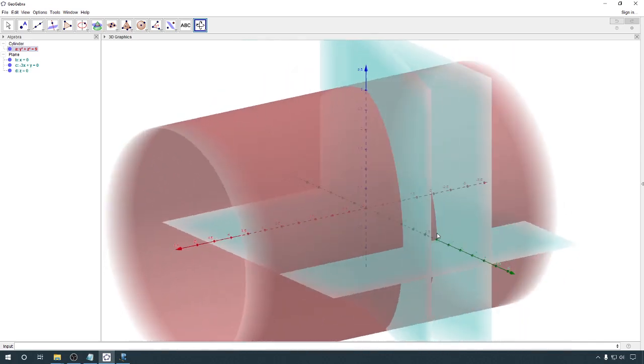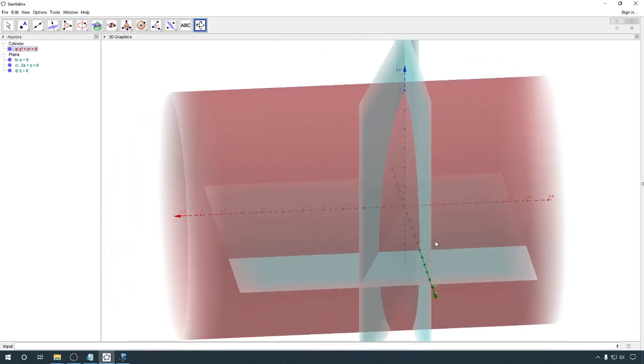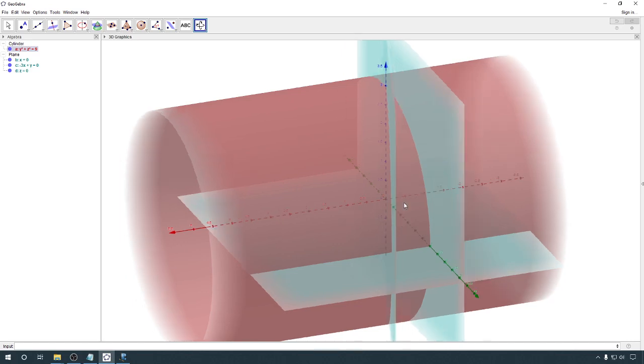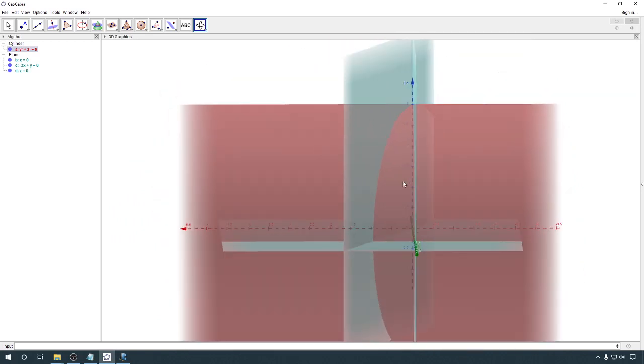Or, well, actually, no, not even y equals 0. We'd be going down to this plane again. So actually, we'd be going from y equals 3x up to y equals square root of 9 minus z squared. In that particular case, we're looking at a region in the xz plane that we're trying to integrate over.